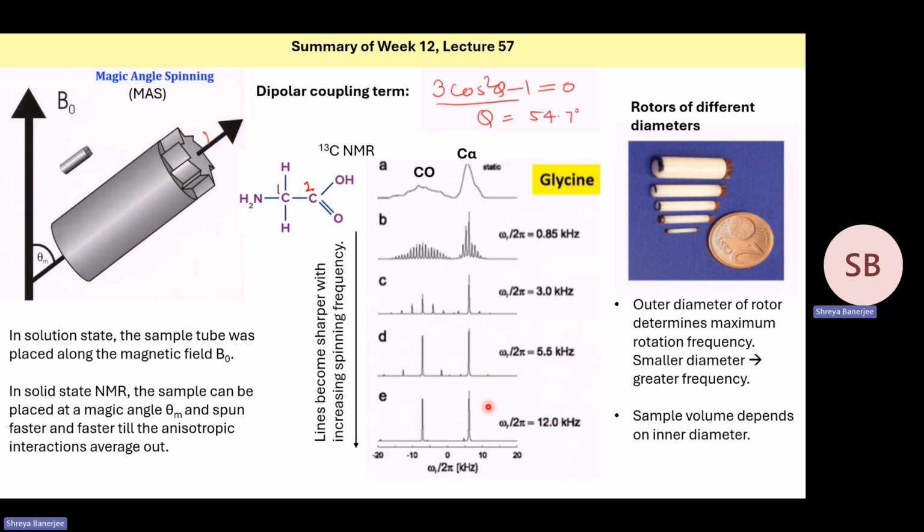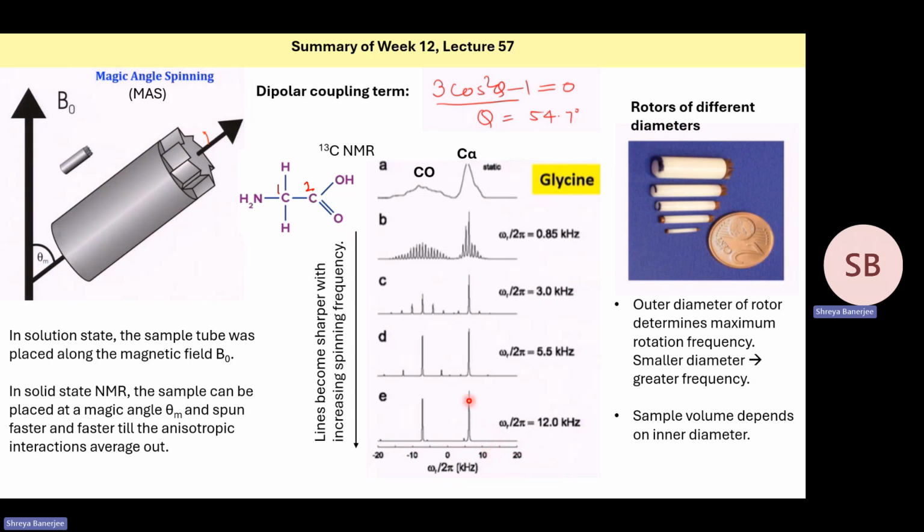As the frequency is increasing, the lines are becoming sharper and sharper, till at 12 kilohertz you have a very sharp single line, well resolved spectra. So each carbon is shown by a single line. This is similar to what you would expect from solution state NMR.